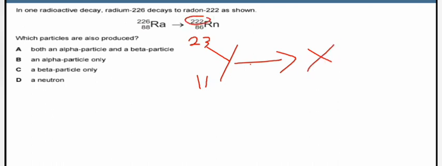Since they are saying here the mass has been reduced by 4, meaning this one is going to be 19, right? So this one is going to be 19, and the proton number has been reduced by 2, as you can see, from 88 up to 86, meaning this one is going to have 9 or so.